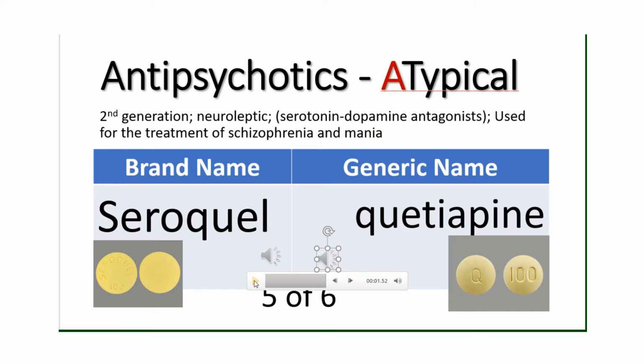Seroquel and quetiapine are atypical second-generation antipsychotics. Seroquel and quetiapine treat schizophrenia and mania. They are serotonin dopamine antagonists.